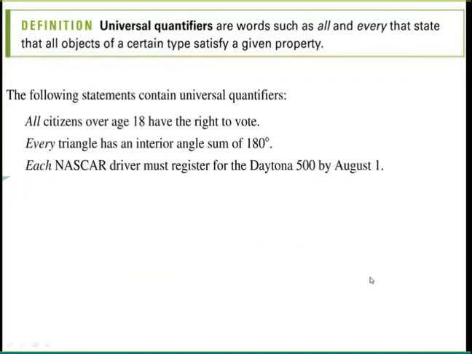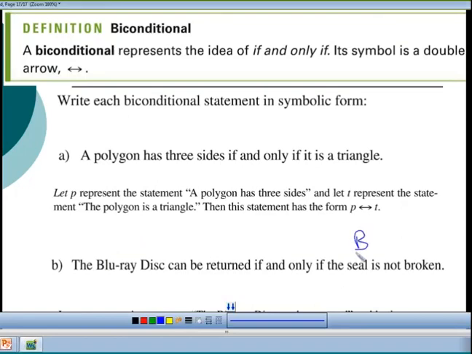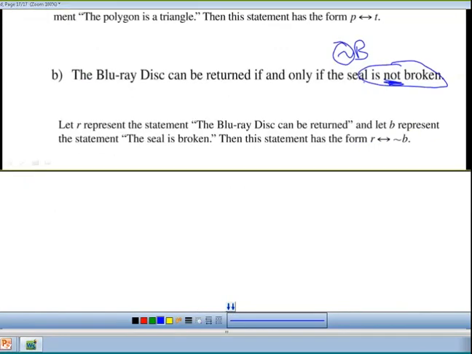Not broken. I'm sorry, I forgot one part of that. I was calling B this whole term, and the key word I forgot there was not. So we have to put a little not symbol right there. Notice the answer down here is a little different than what I wrote before.